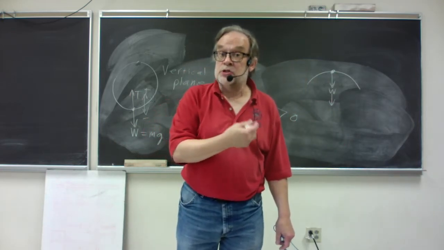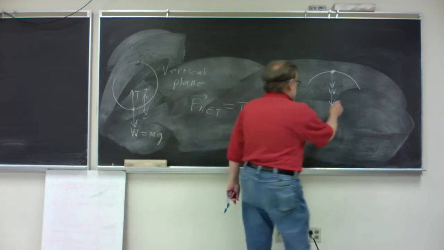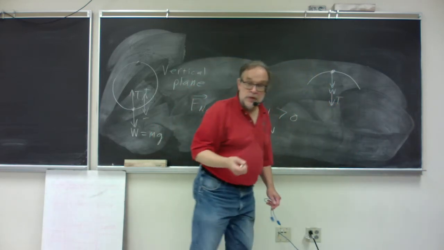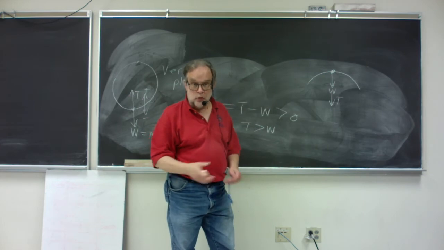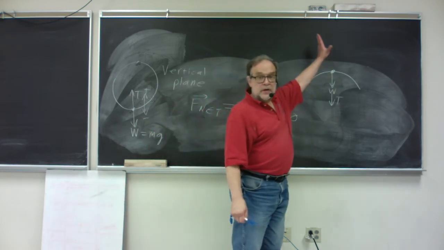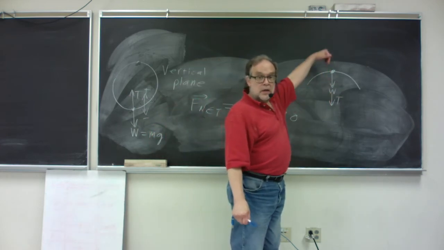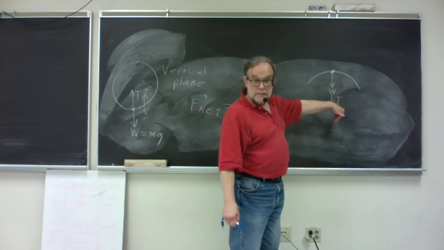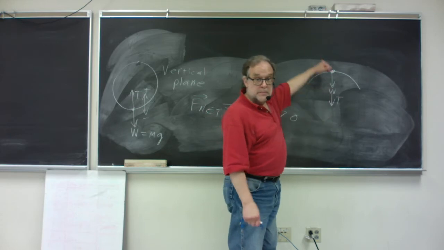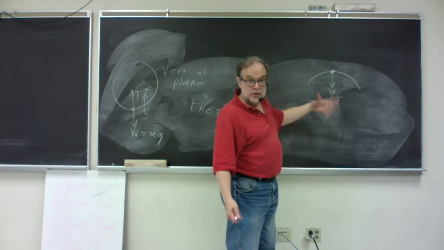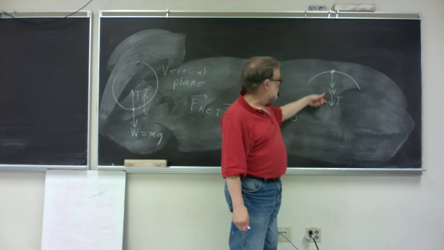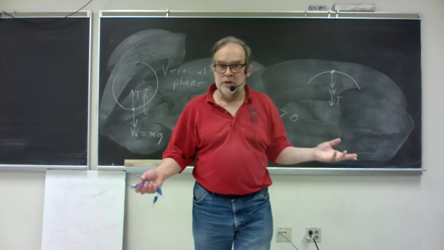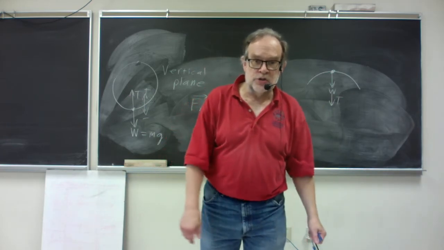So at that moment, it's also pulling down. And since it's moving in a circle, we know there is a centripetal force, that is the net force along a radial line, and it points in towards the center of the circle. So there must be a net force in this direction, and obviously there is, because both these forces are pointing in that direction in towards the center of the circle.